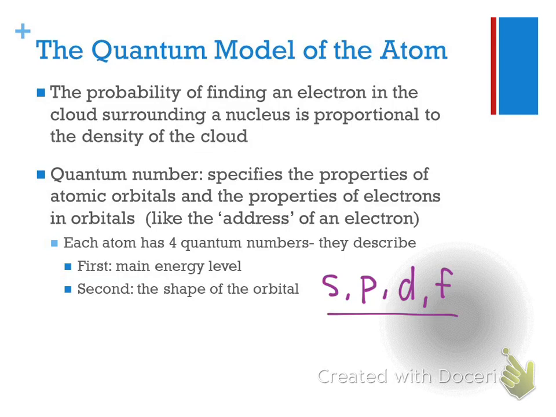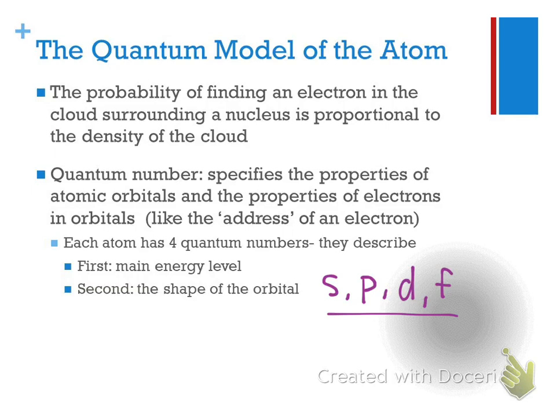It could be located in an S orbital, a P orbital, a D orbital, or an F orbital. Again, we're going to dive into each of these a little bit more specifically. So the S is a circle and the P is like a dumbbell shape. D and F have much more complicated shapes. I'll take you back to the diagram of D orbitals, but F orbitals are even more complicated. We don't need to know specifically what they look like.